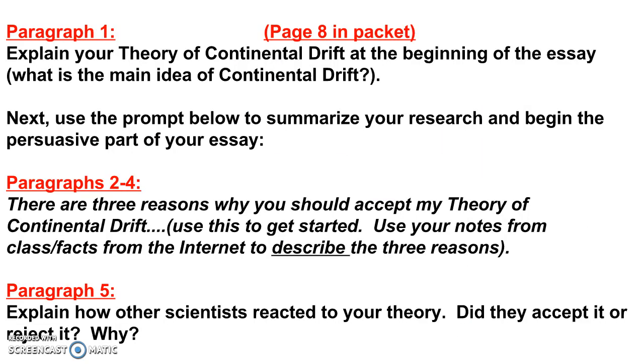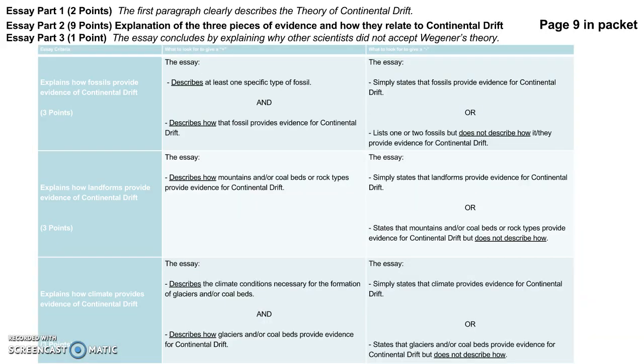Now I do want to show you this. On page 9 of your packet, there is a rubric here. And even though the rubric is written with the essay or the paper in mind, you can still use this to help guide you with no matter what kind of project you do. Somewhere in your project, you would need to explain how fossils provide evidence of continental drift.